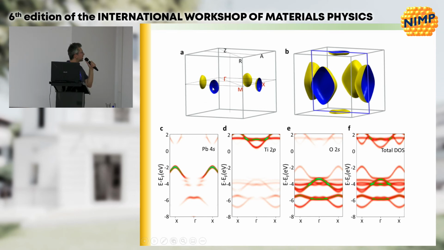This is the Fermi surface at the valence band maximum, and we see that we expect hole pockets in the X points of the Brillouin zone. And as we go deeper into the valence band, these hole pockets increase, and some states will appear here in the Z point.